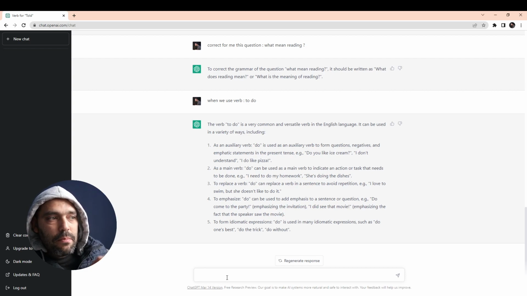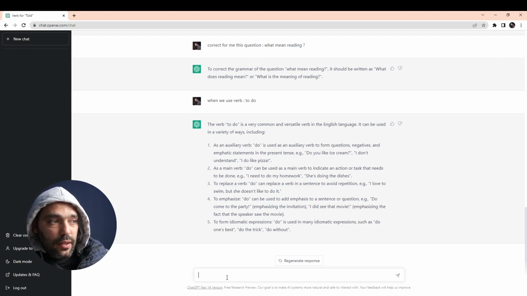Second, as a main verb. Do can be used as a main verb to indicate an action or task that needs to be done. Example, I need to do my homework. She's doing the dishes.